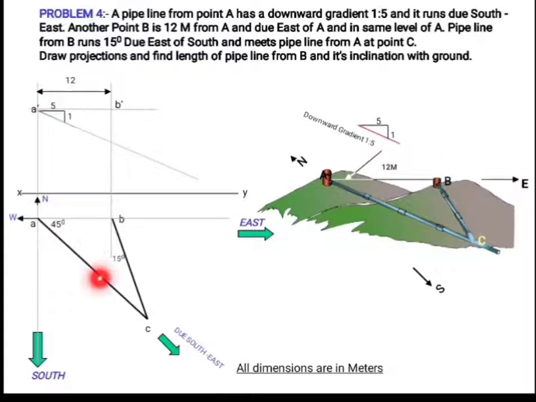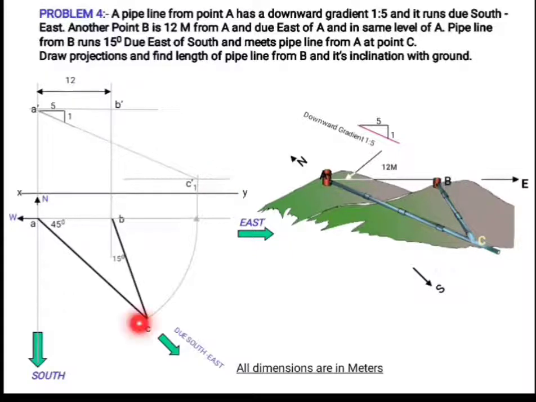I am going to rotate this AC and make it horizontal and project it upward, and this intersecting point will be the C1 dash. And A dash C1 dash will be the true length of the line, and through C1 dash I am drawing the locus line for C dash.